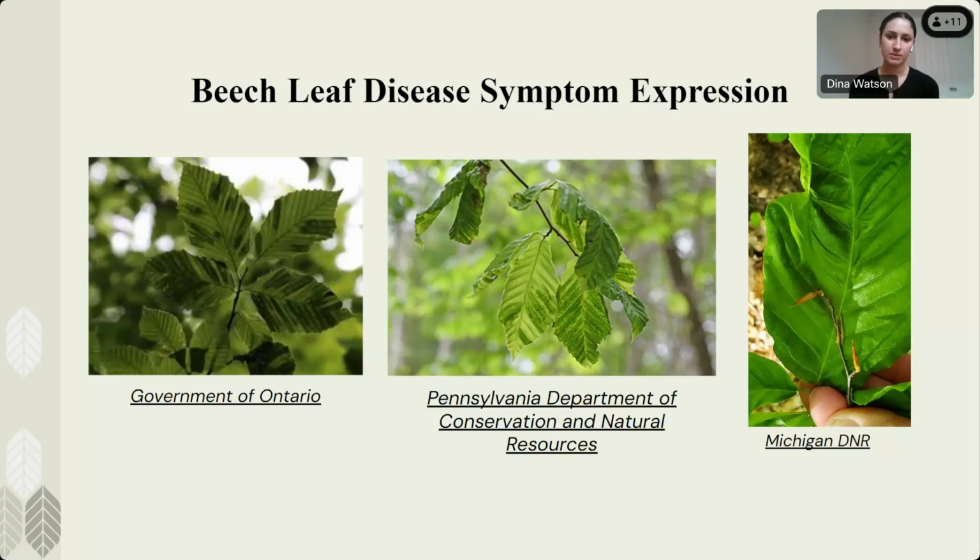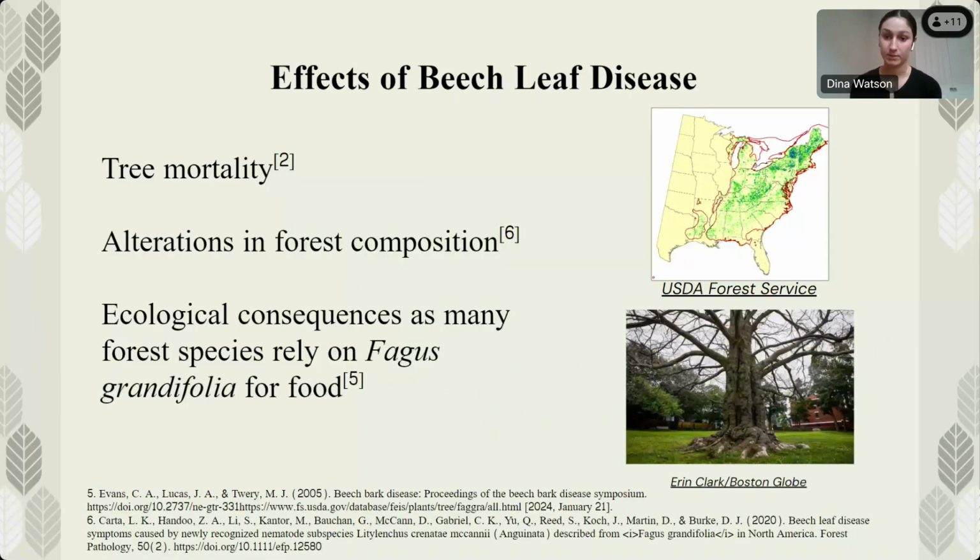The effects of beech leaf disease are widespread because of the high distribution of American beech in the eastern United States, which is shown in this image on the top right. Beech trees are widespread, especially in northern New England and in New York.